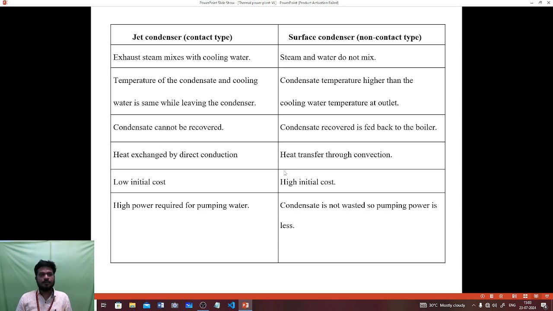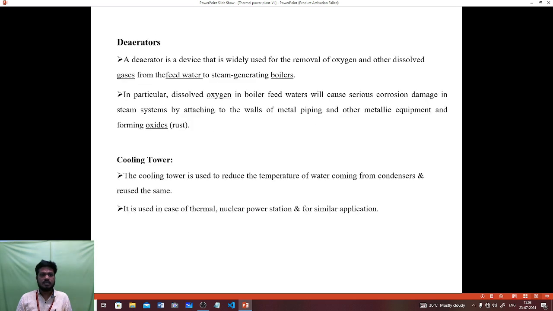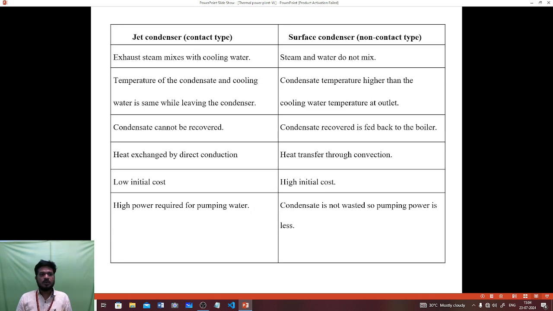Now we are going to compare the jet condenser, contact type, and the surface condenser, non-contact type. In that, number one, in the jet condenser the exhaust steam mixes with cooling water. In the surface condenser, steam and water do not mix. In the jet condenser, the temperature of condensate and cooling water is the same while leaving the condenser.